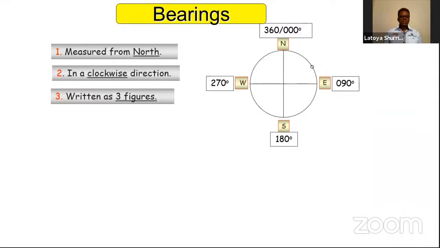Type your answers in the chat. So what do you think the bearing would be if I were to get to that point on the circumference of the circle, right above east?